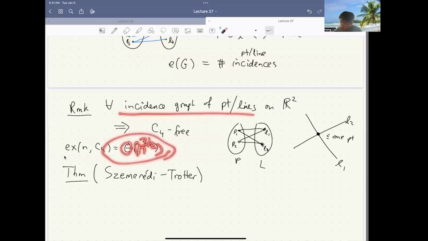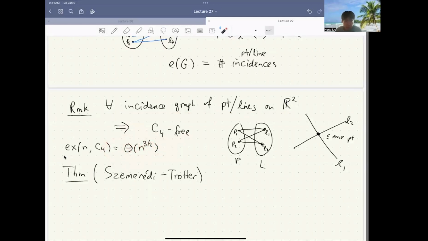But since incidence graphs of points and lines in the plane are very special, very geometric, coming from these geometric arrangements, we can get much better bounds for such graphs. We can get big O of n to the 4/3 number of edges.